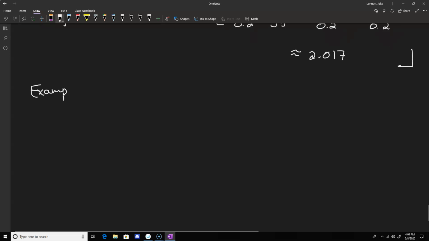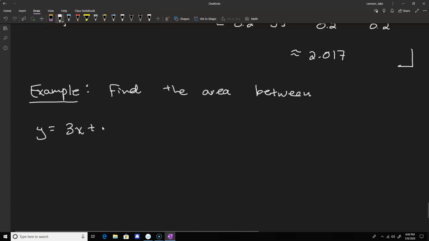So let's say find the area between, let's say, y equals 3x plus 4 and y equals x squared from x equals 0 to x equals 1.